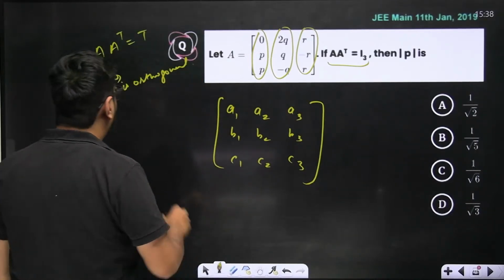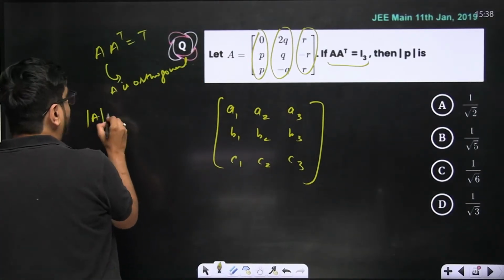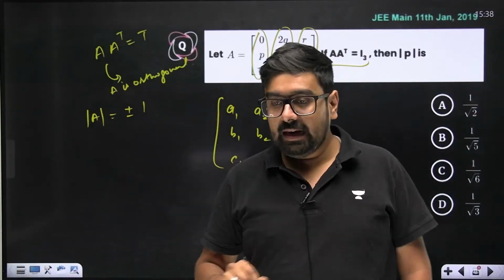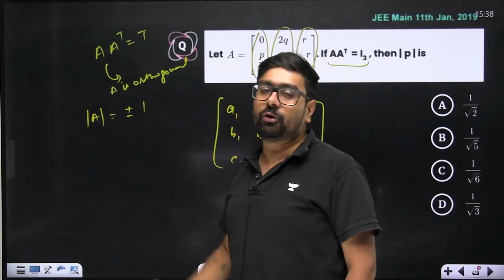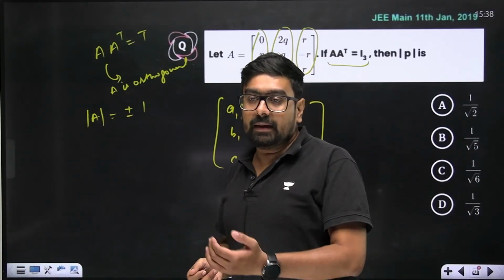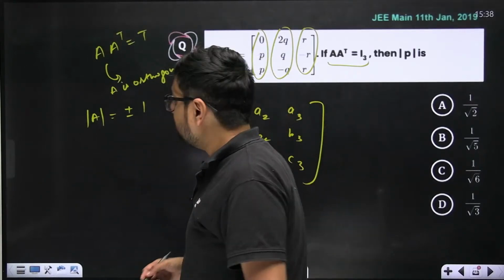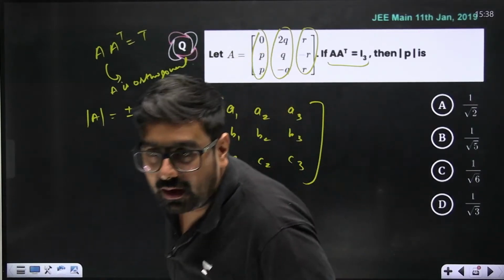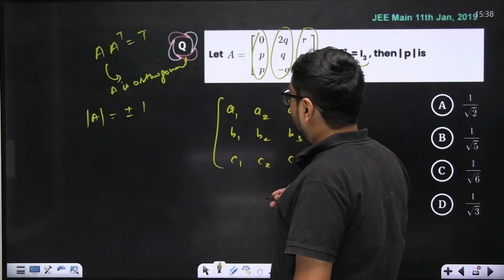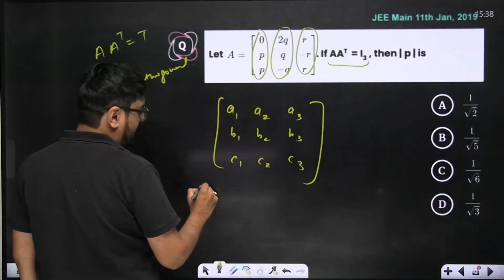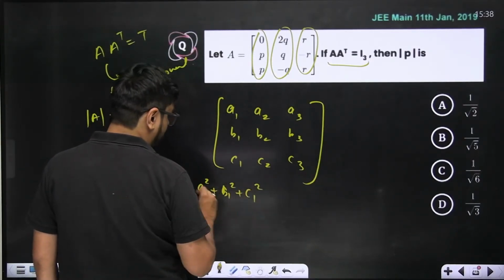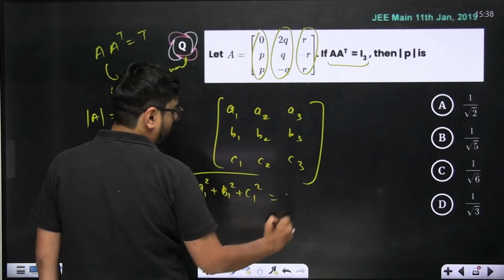If A is orthogonal, then we know the determinant of A will be plus or minus 1. Another thing we know is that the column-wise magnitude, that is A1 square plus B1 square plus C1 square, will be equal to 1.